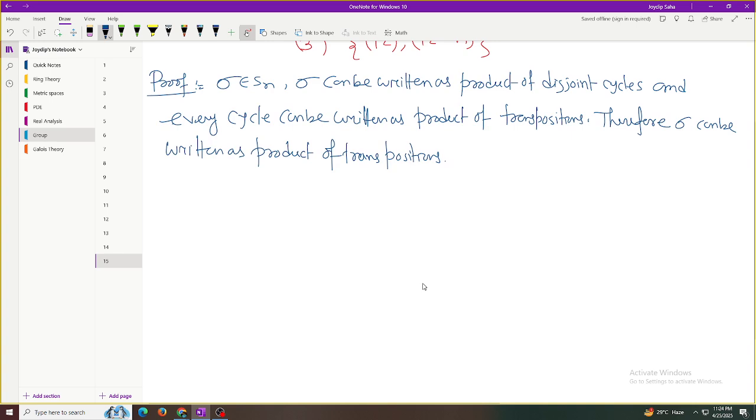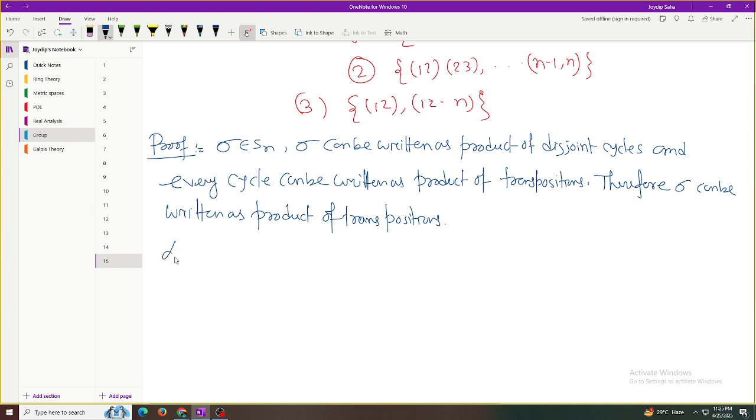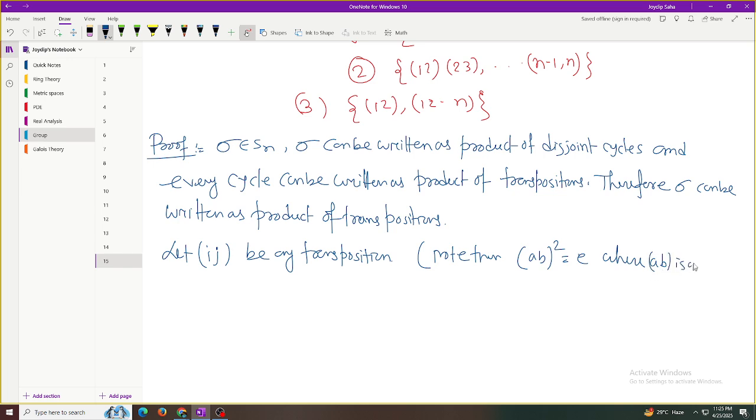Okay, let (i j) be any transposition. Note that (a b) square is the identity, since (a b) is a transposition.